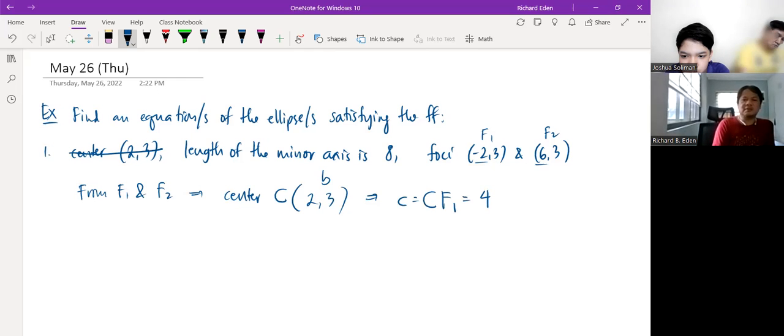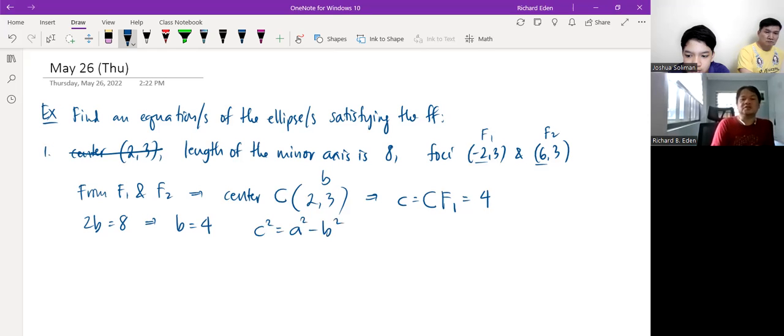The length of the minor axis is 8. So 2b is 8. So that's going to mean b is equal to 4. All right. So consequently, c squared is a squared minus b squared, because I used b for the length of the minor axis.